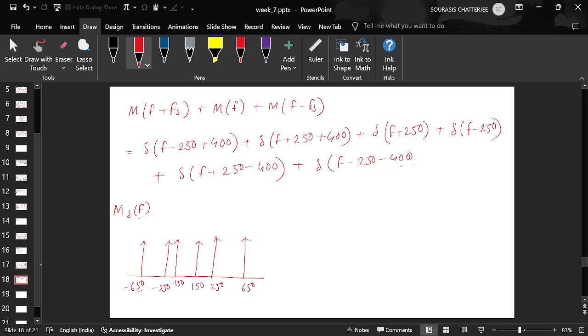Now it is said that it is being passed through a low pass filter of cutoff frequency 500 hertz. So that ends somewhere here. Let me paint it with a different color. So this is where it's going to end. This is 500, this is minus 500.